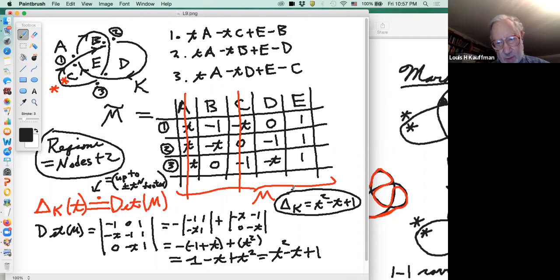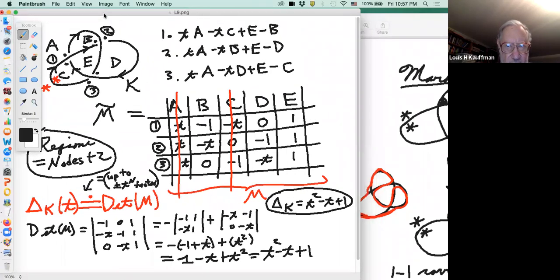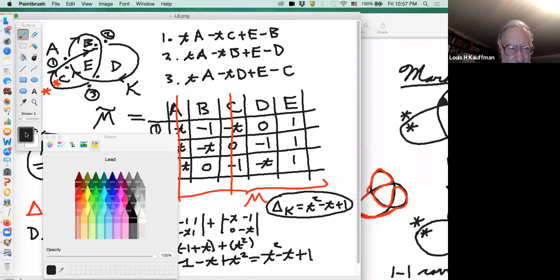Now, what we're going to think about now is making more combinatorial the terms in this determinant. What are the terms in this determinant? Consider a term in the determinant. Let me keep it black.